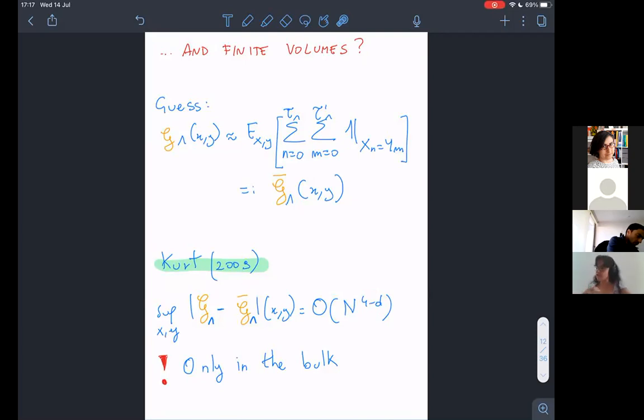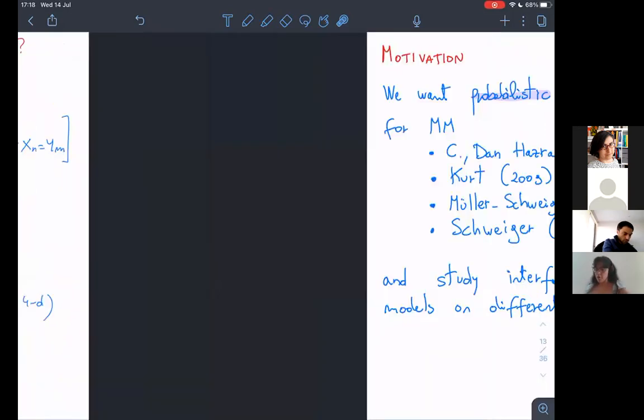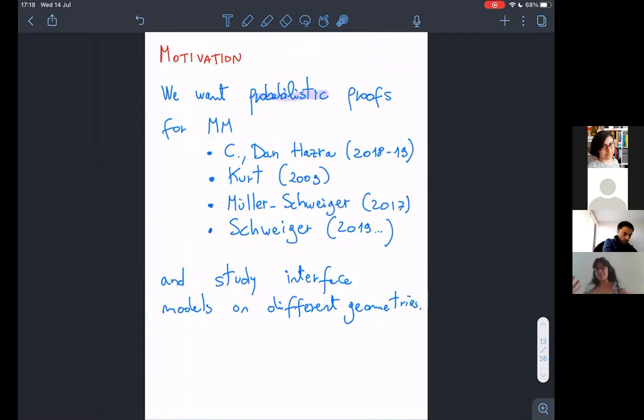So it's an approximation that goes badly when you're trying to approximate covariances close to the boundary of your box. So the problem that this approximation is not good on the entire box led us to try to find an expression for the covariance matrix of the membrane.